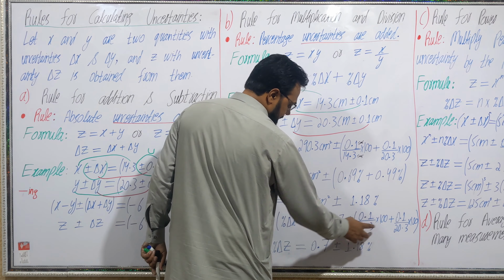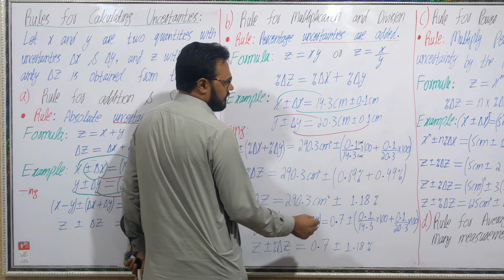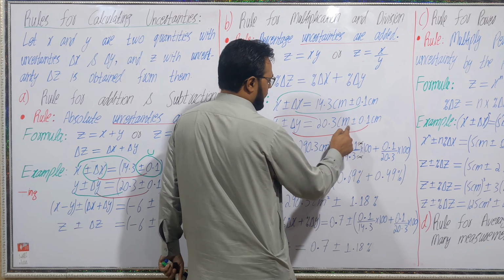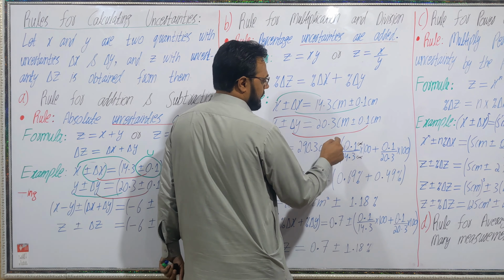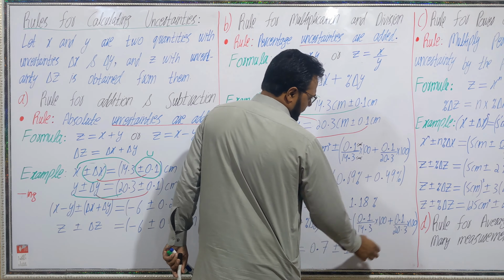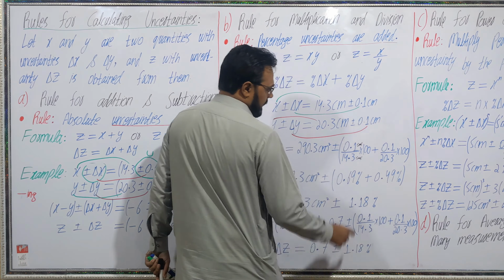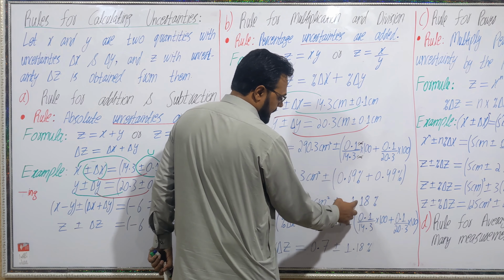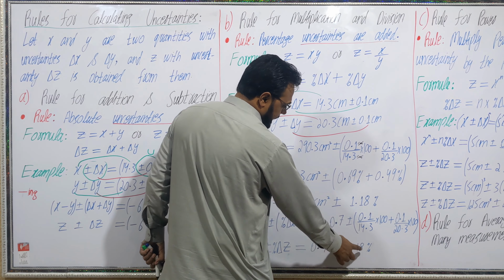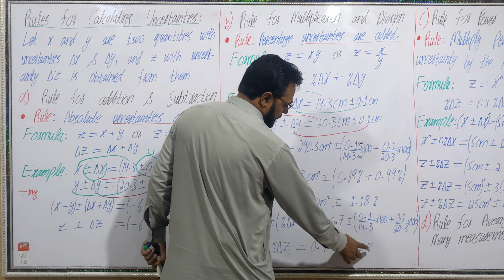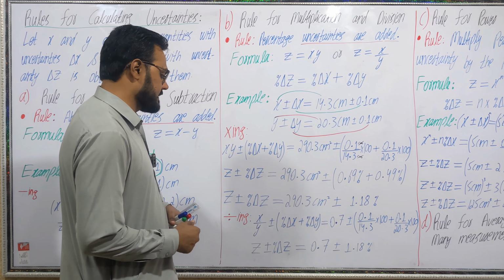Then plus percentage uncertainty in y, 0.1 divided by 20.3 multiplied by 100. Uncertainty divided by quantity multiplied by 100. After simplification, we will get 1.18%.